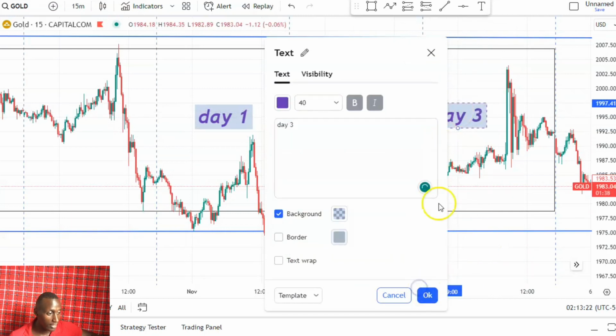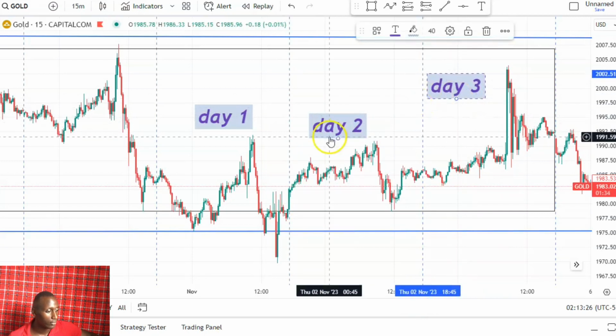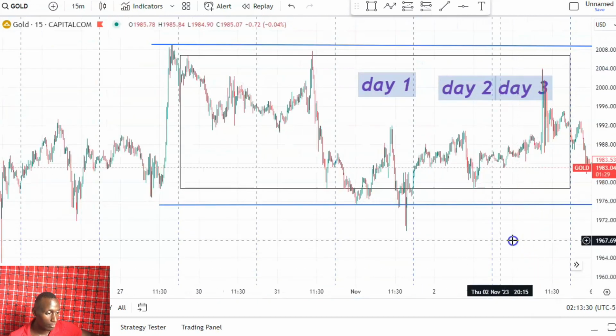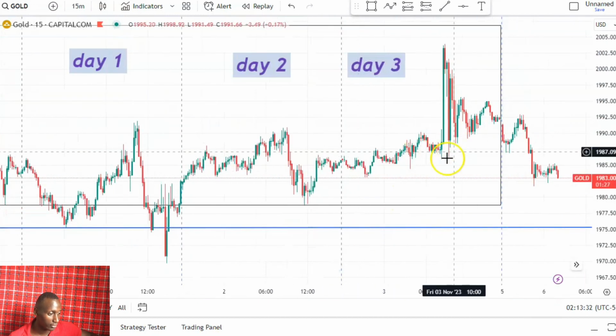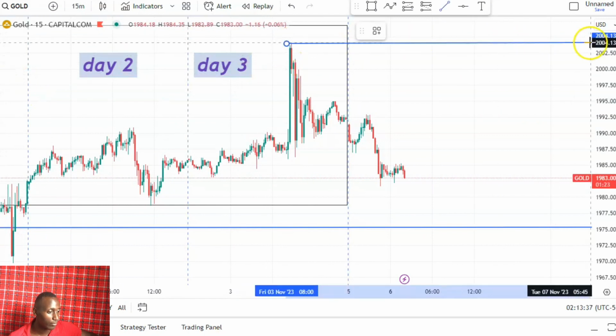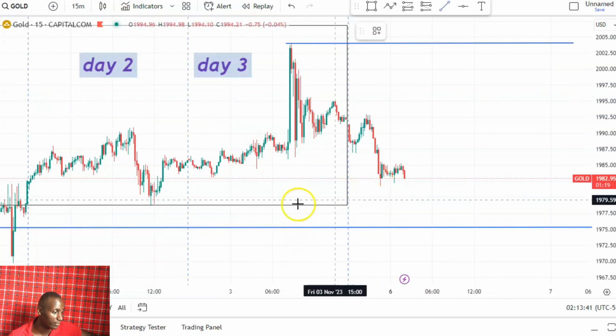Now I don't see anything that will tell me to stop buying, but we are still in this trading range. We still have this high that might potentially be an area price might come back to later.